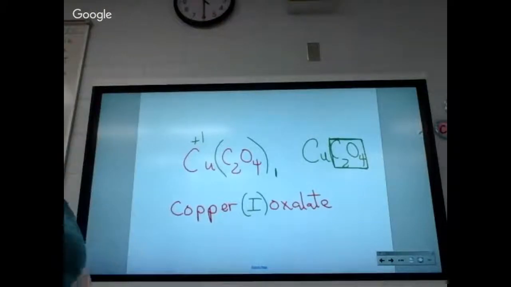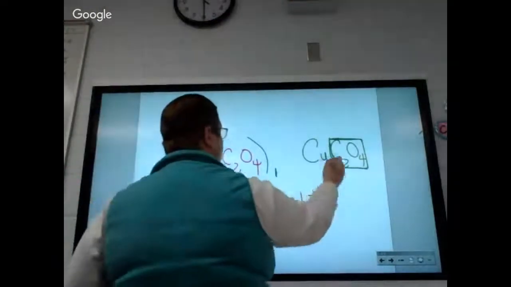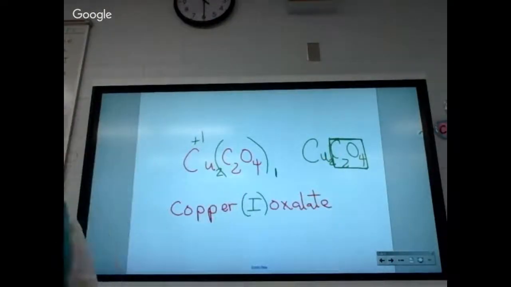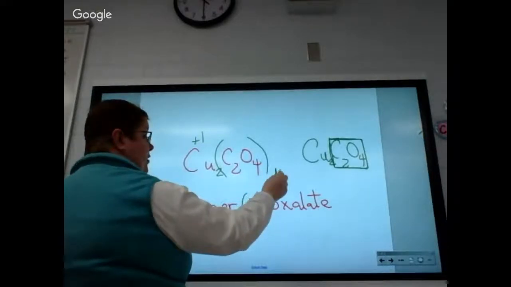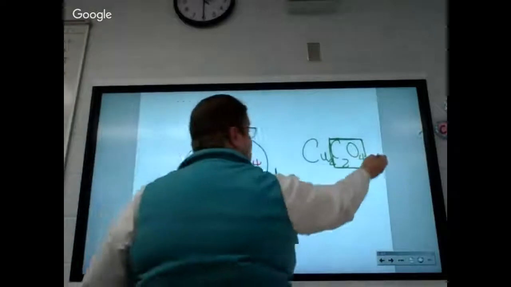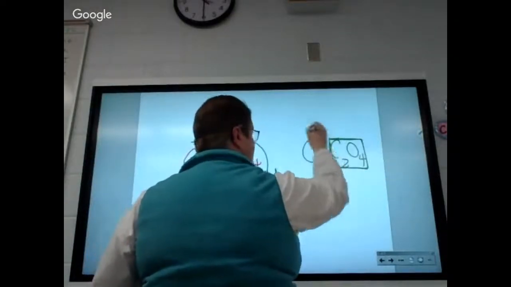It can't go with that. Oops, I left the 2 off there. What she's saying is that the parentheses took care of that. So that 1 way out here that we took off is the oxidation number.